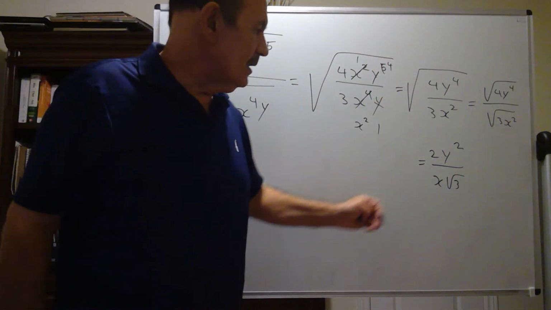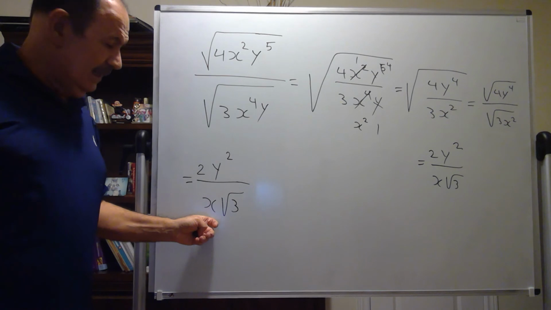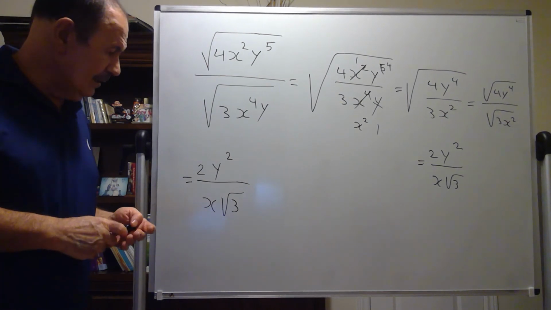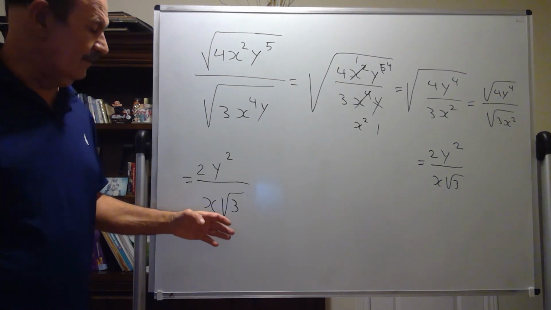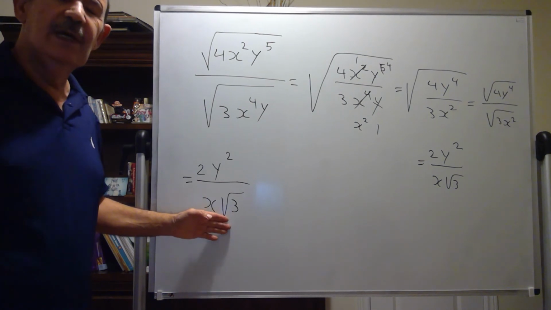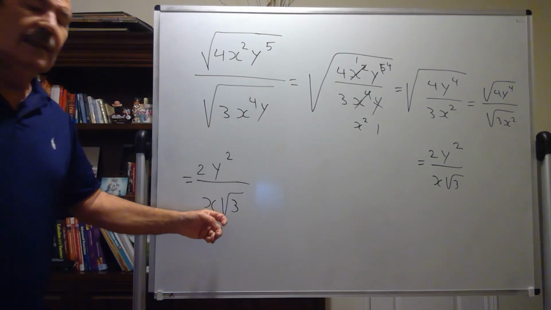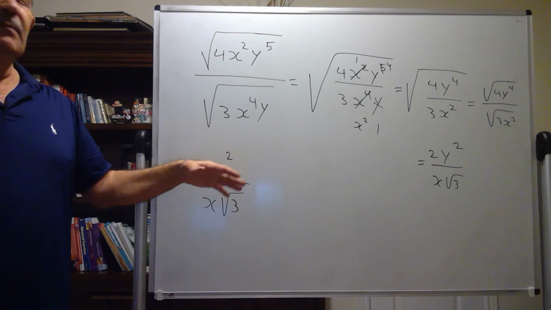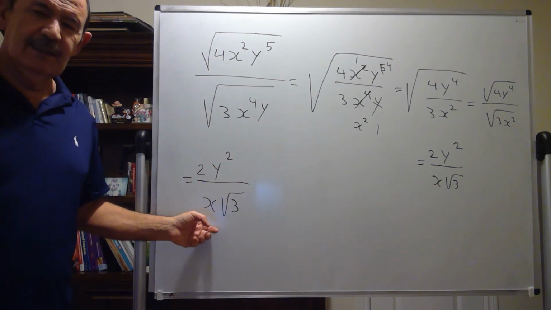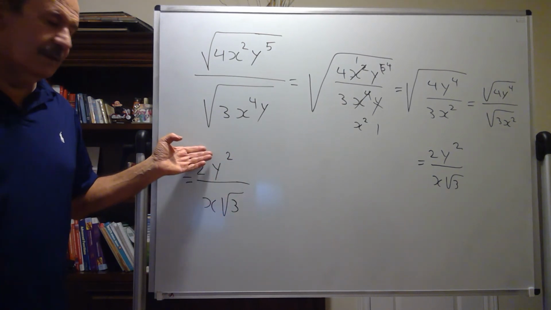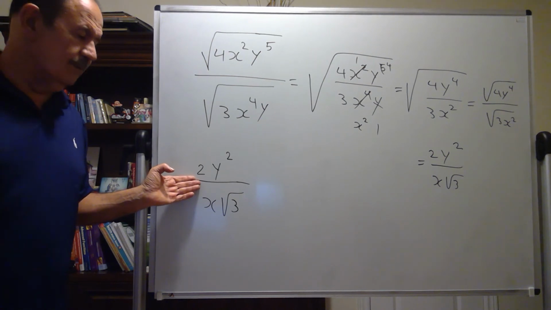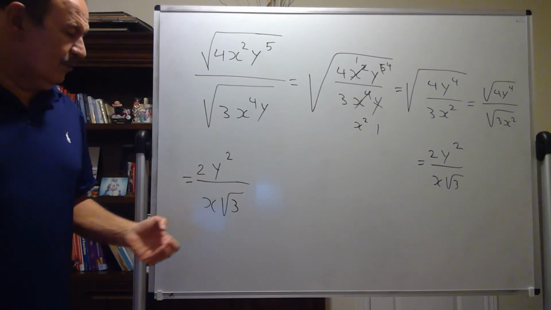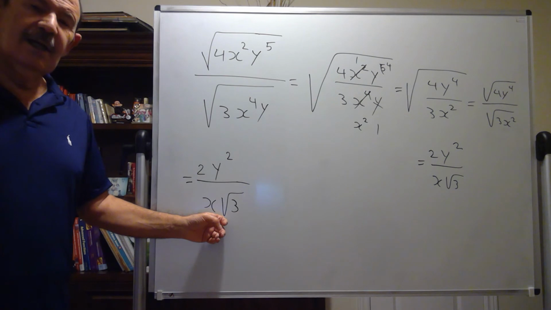Now, pay attention. We never keep a radical in the denominator of the fraction. We have to remove the radical from the denominator. Same as we remember, we never keep a negative sign at the denominator. We always put the negative sign at the top or at the front before the fraction line. Same rule, we never keep the radical sign in the denominator.